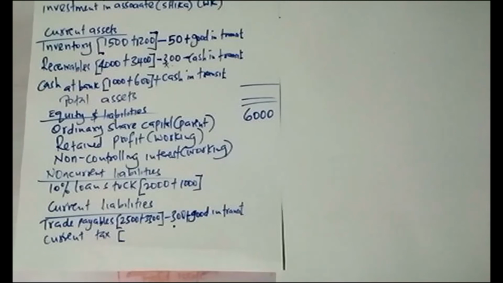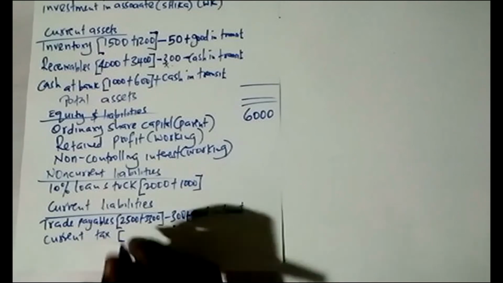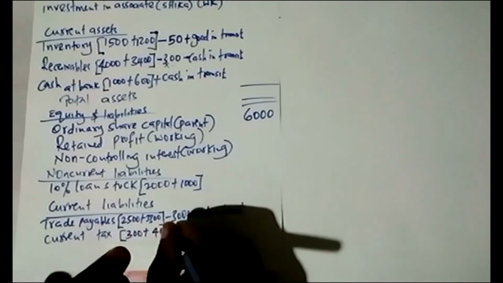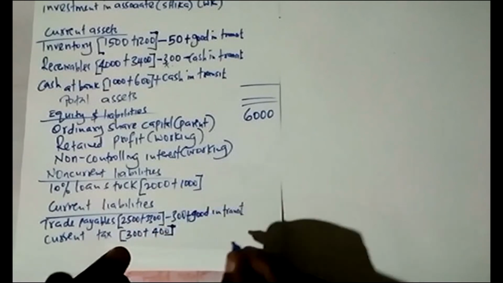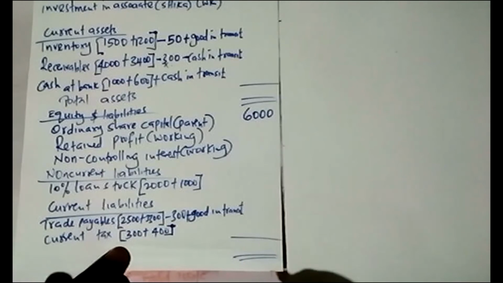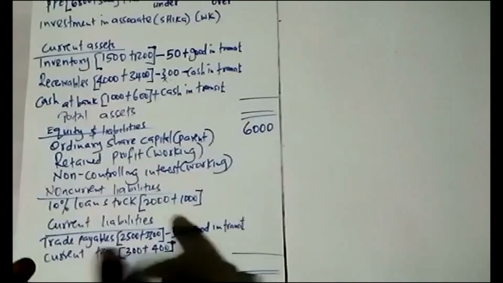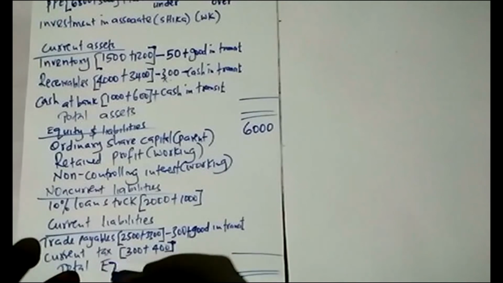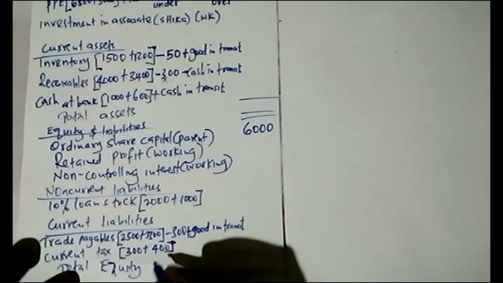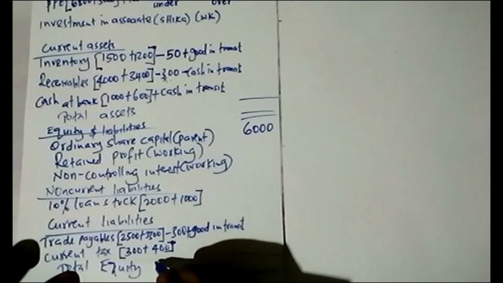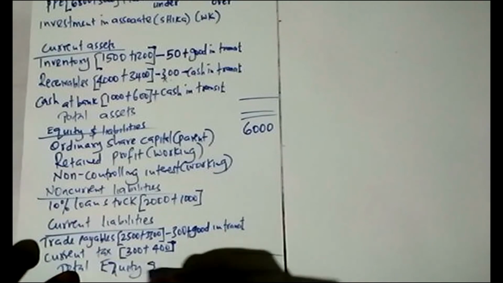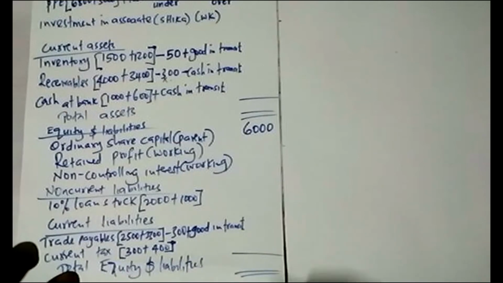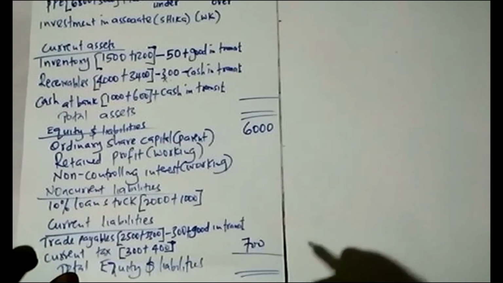For the current tax, we take 300 plus the 400, another free mark. So we have total equity and liabilities. This one is 700.